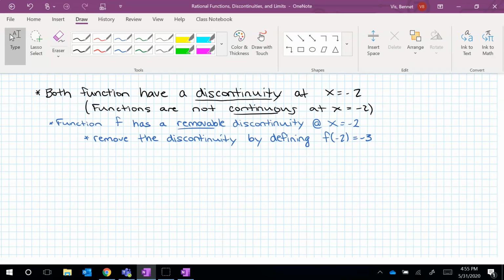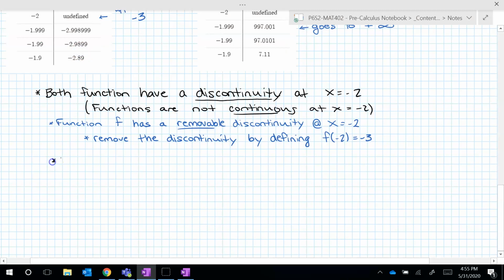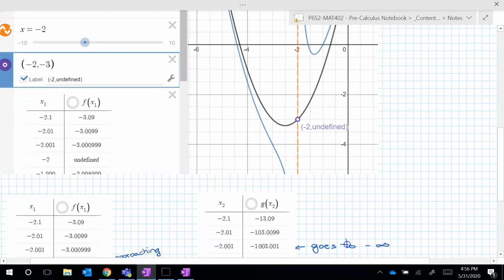Function g, on the other hand, has a non-removable discontinuity. There's nothing that I could do that would connect one thing to the next, right?